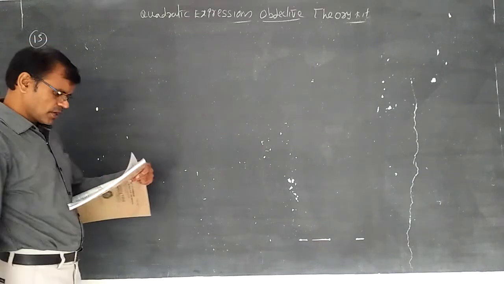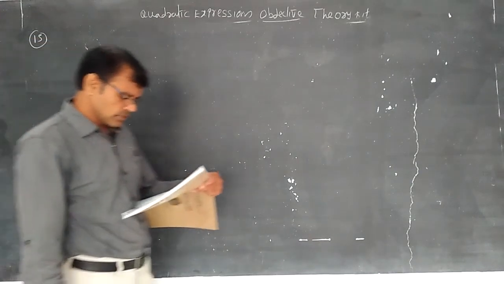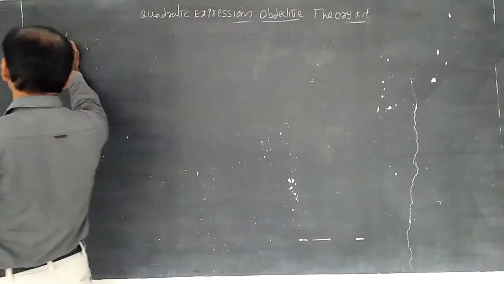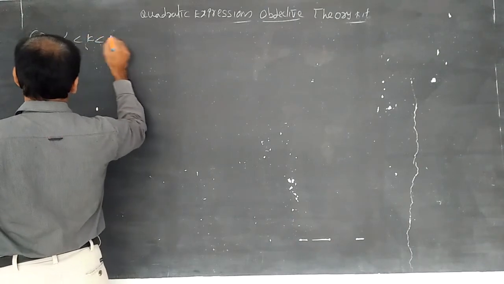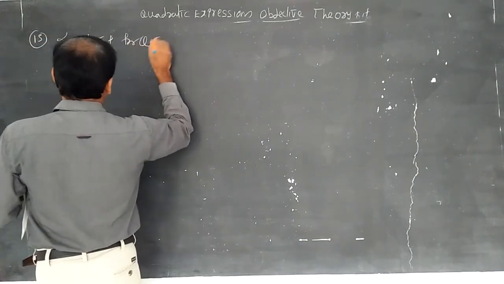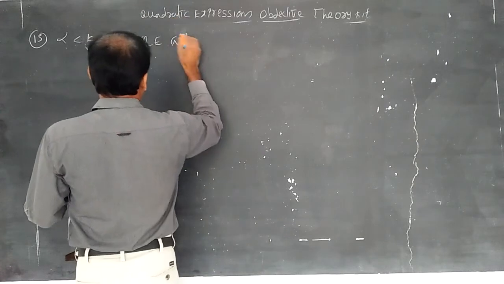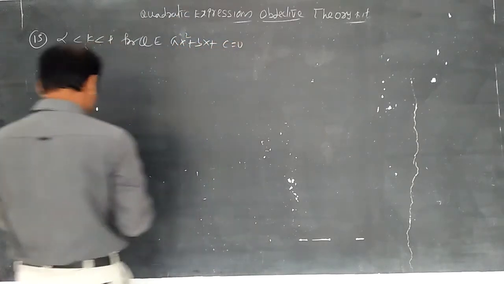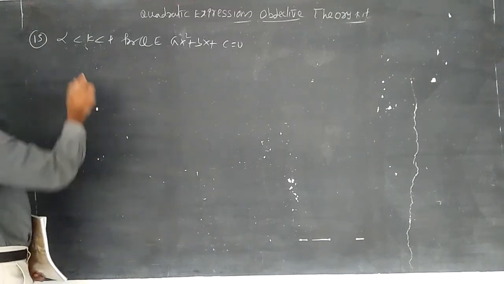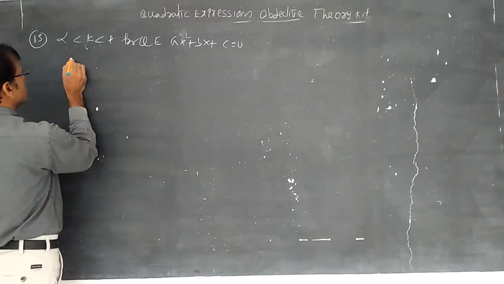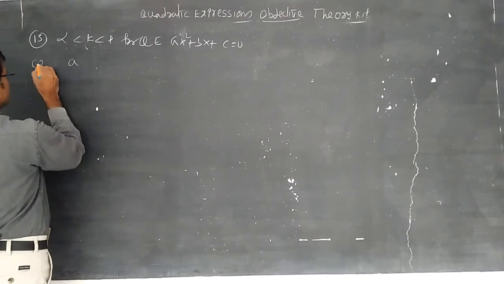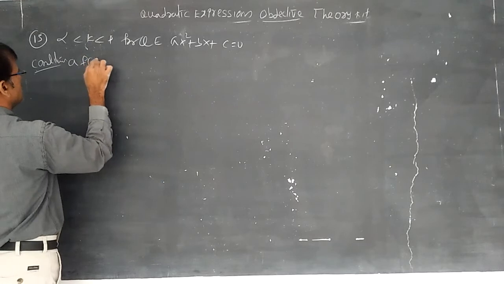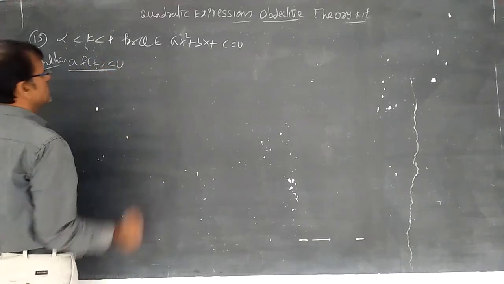15th question: alpha, beta are the roots of the equation ax square plus bx plus c equal to 0, k belongs to R, and the condition is alpha less than k less than beta. Students, yesterday we discussed the theory and graphs for the location of roots condition. I said a into f of k less than 0.